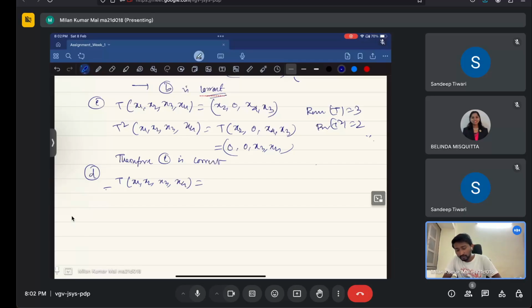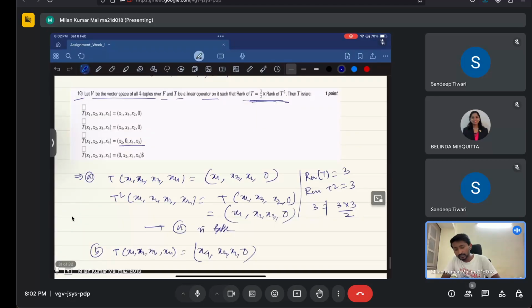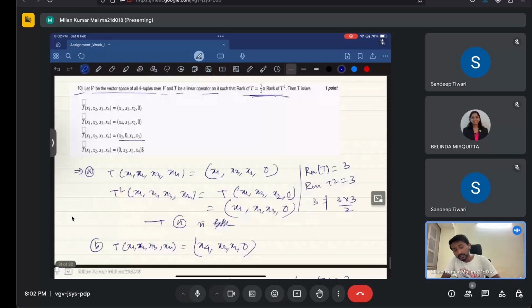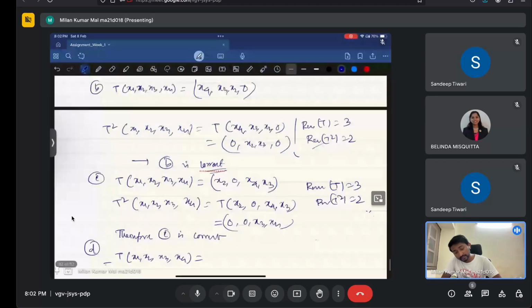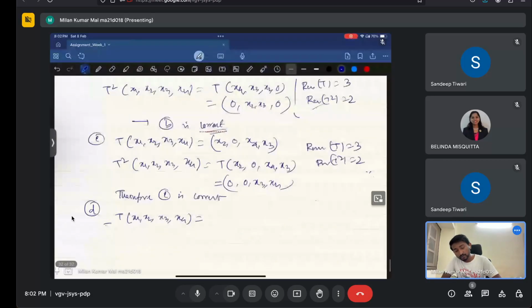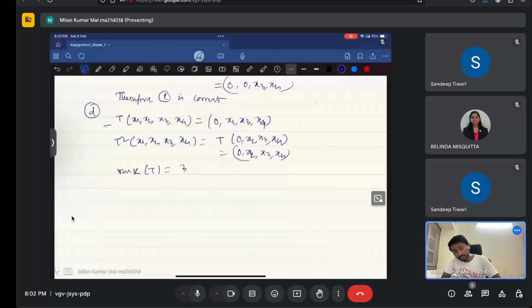Therefore T square of x1, x2, x3, x4 will be T of 0, comma x2, comma x3, comma x4, that will be again 0, comma x2, comma x3, comma x4. So therefore rank of T is equal to 3, and rank of T square is equal to 3. So here 3 is not equal to 3 by 2 times 3, right? That is not true. So therefore D is not correct.